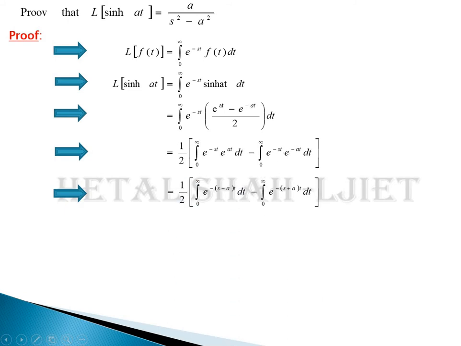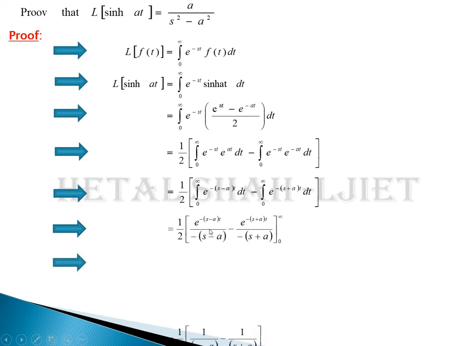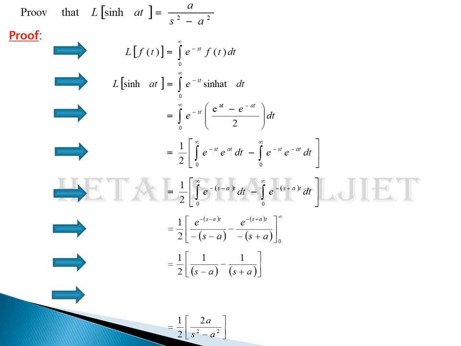Now when the base is the same, by adding the powers in both the terms, by integration we get this formula, and by applying the upper limit and lower limit, we get 1 upon s minus a minus 1 upon s plus a, and by doing simplification finally we get a upon s square minus a square.